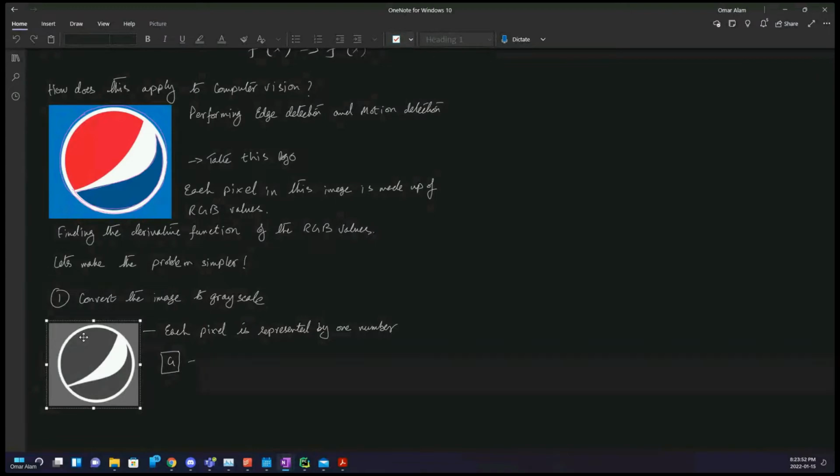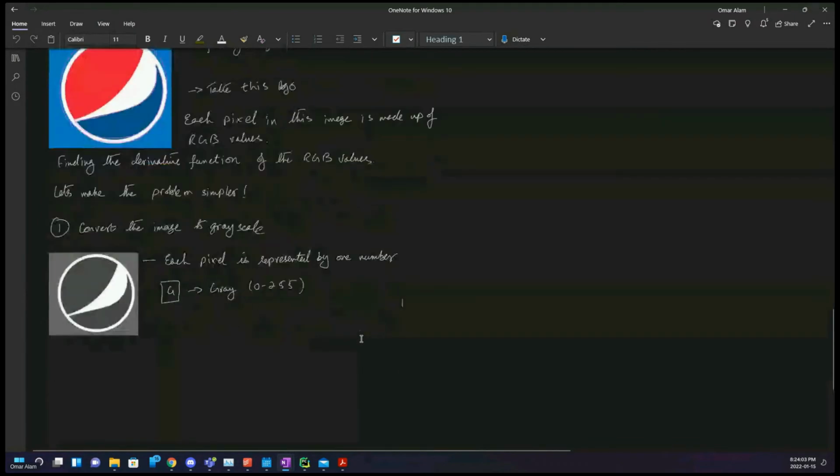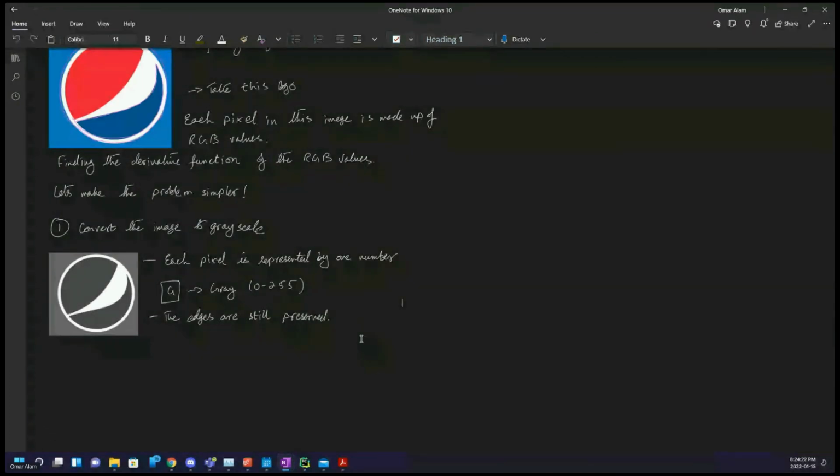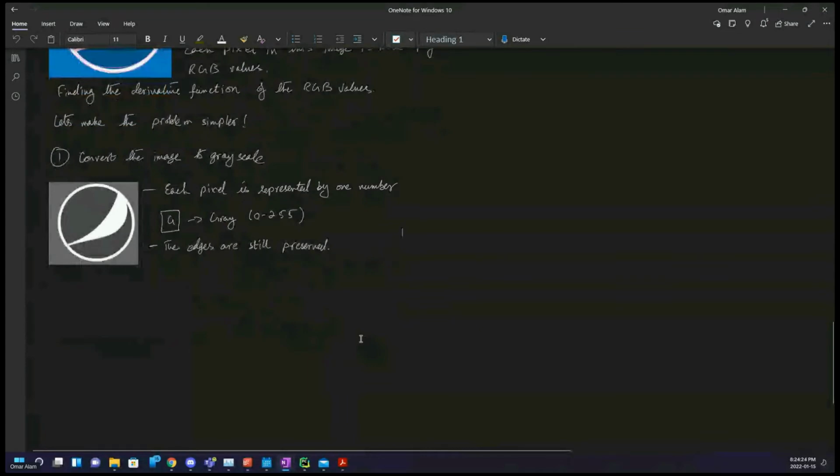It stands for gray. And this also goes from 0 to 255, just like any other value. A grayscale image is basically an image with different shades of gray. So you don't need all the RGB values. All you need is different intensities of gray. And as we said before, the edges are still preserved in this image.